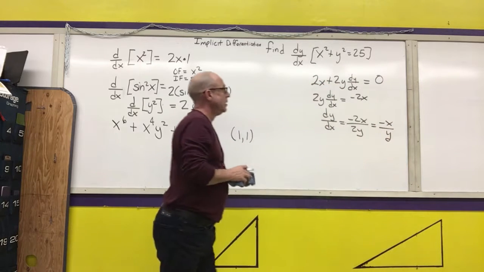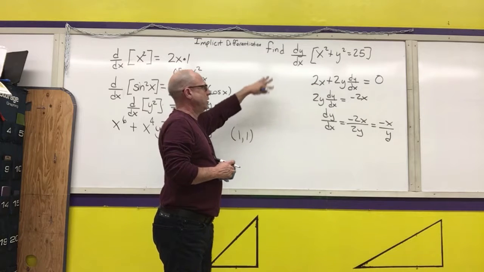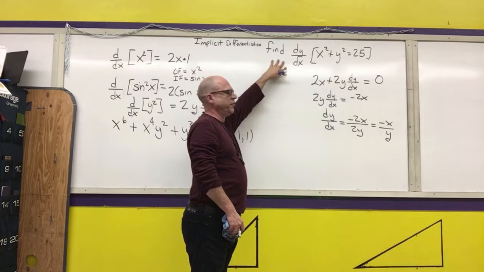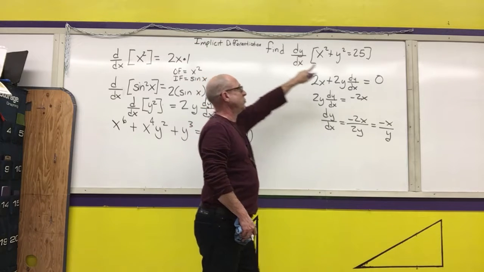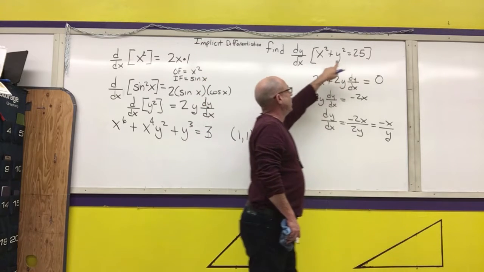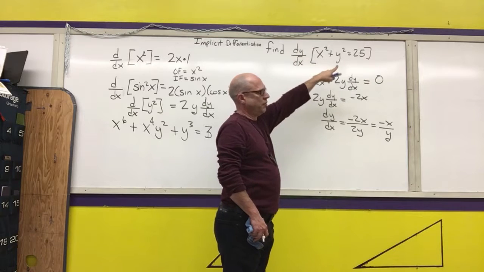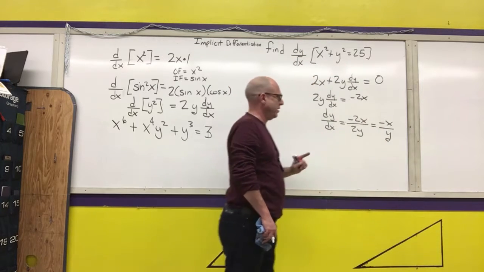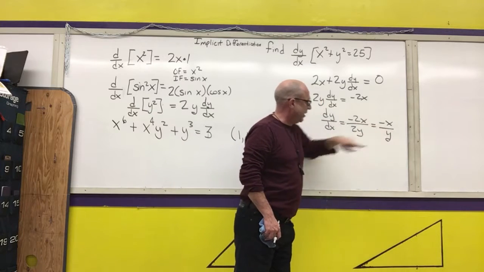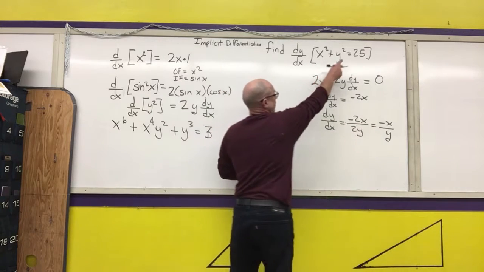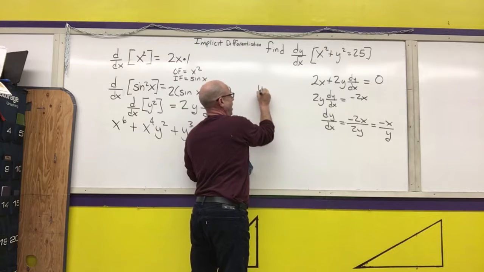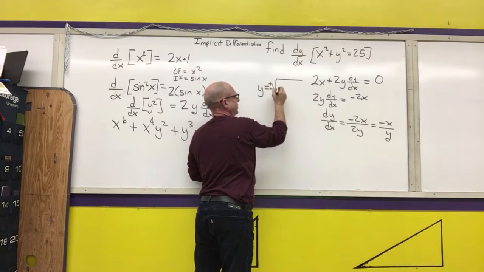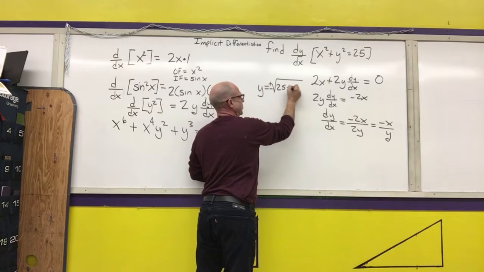Now, if I wanted to evaluate this derivative at a point, for example, at 1/2, square root of 3 over 2, I would be able to analyze just by putting these coordinates in, but that looks different than my other answer. Well, remember that when I solved for y, I got y equals plus or minus the square root of 25 minus x squared.